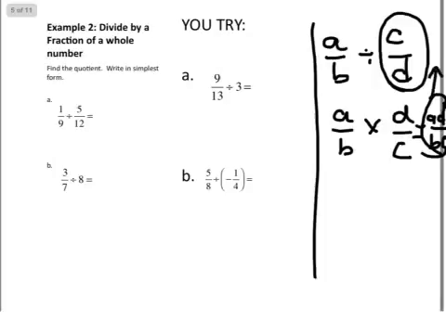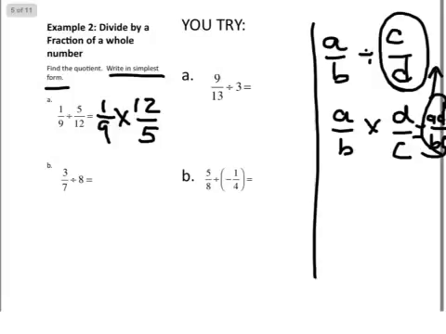For part A, let's get back to the problem over here. 1/9 times 12/5. We've taken the reciprocal of the number after the division sign, and we're going to proceed like we would with multiplication. I could multiply 1 times 12 and 9 times 5, which is fine, but I want the answer in simplest form, and that requires me to reduce at the end.